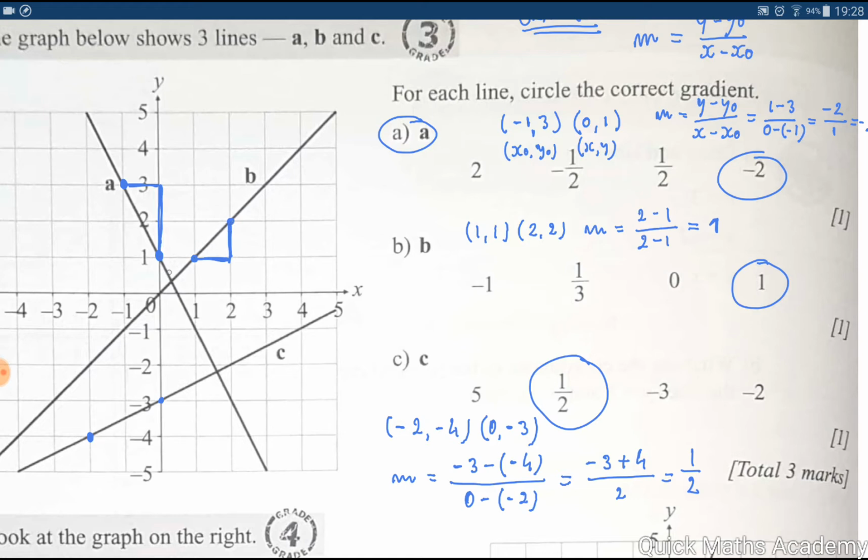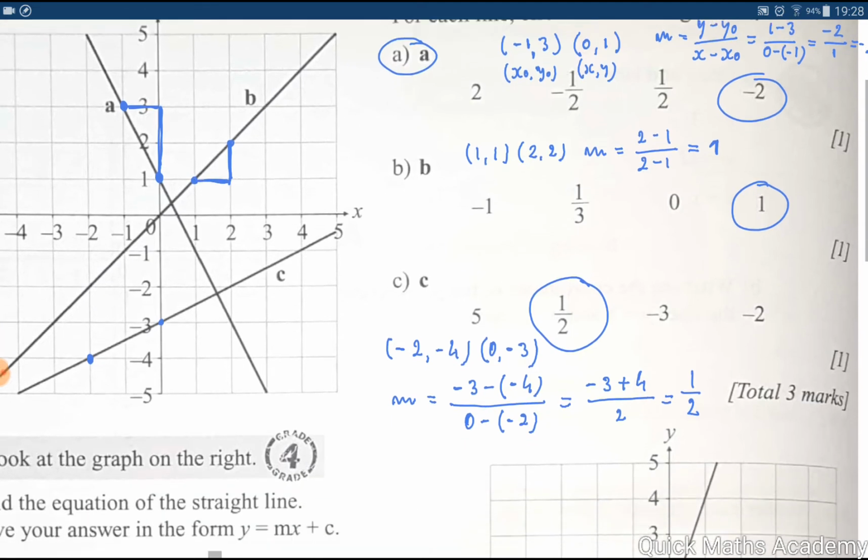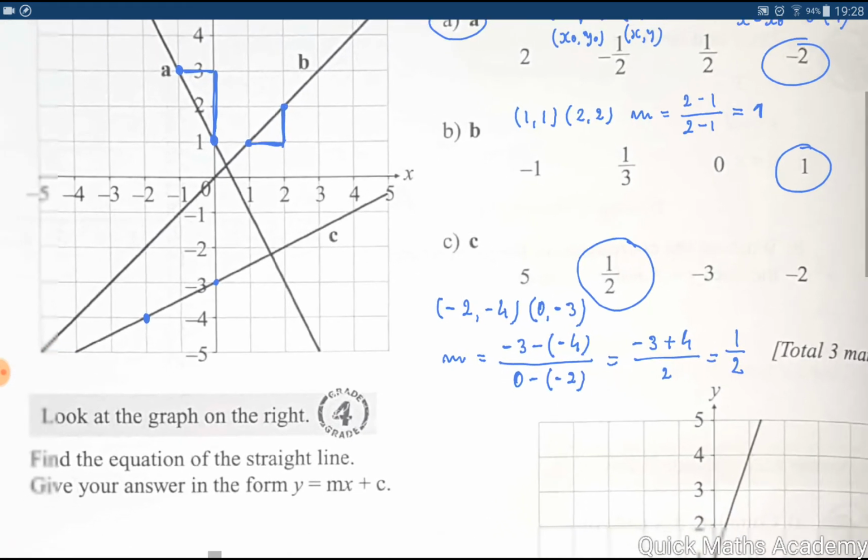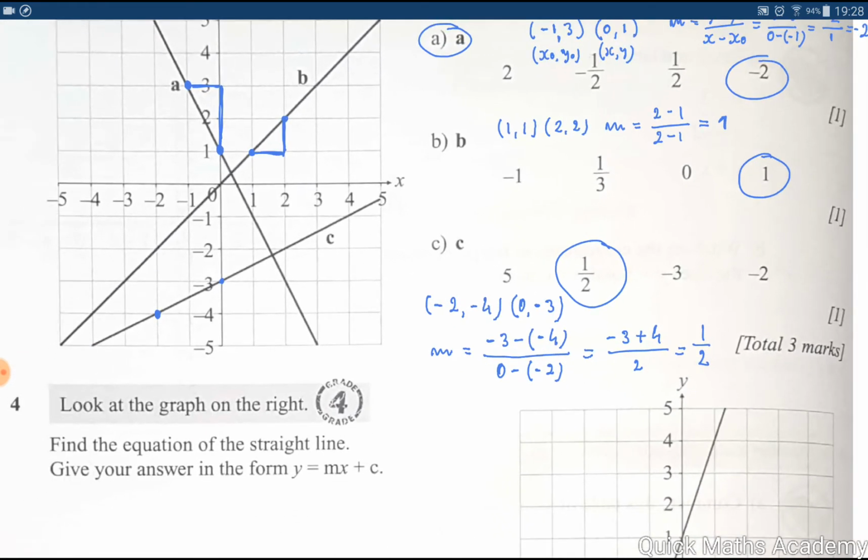Also, the steepness is positive, so it's +1. Now let's see the third one. The third one, I already know that it is positive also, because my inclination is positive. It's going to the upside, it's not going to the downside, and it's going to the upside in this manner.